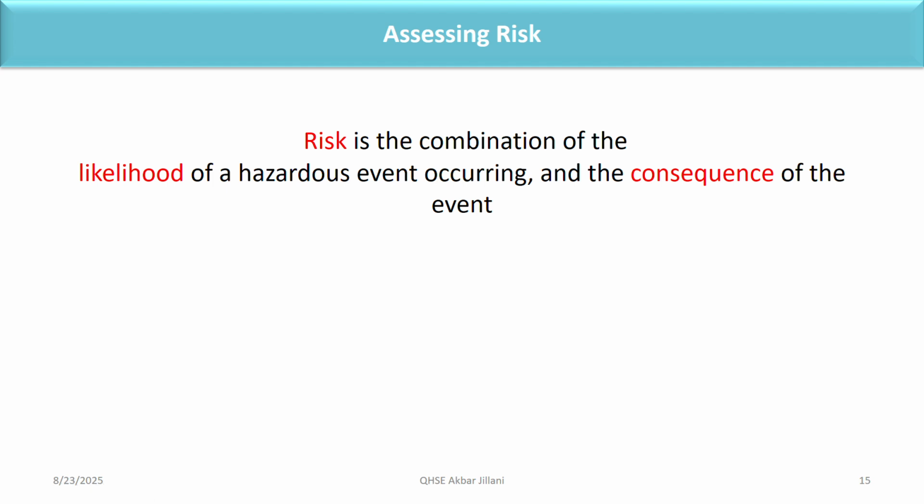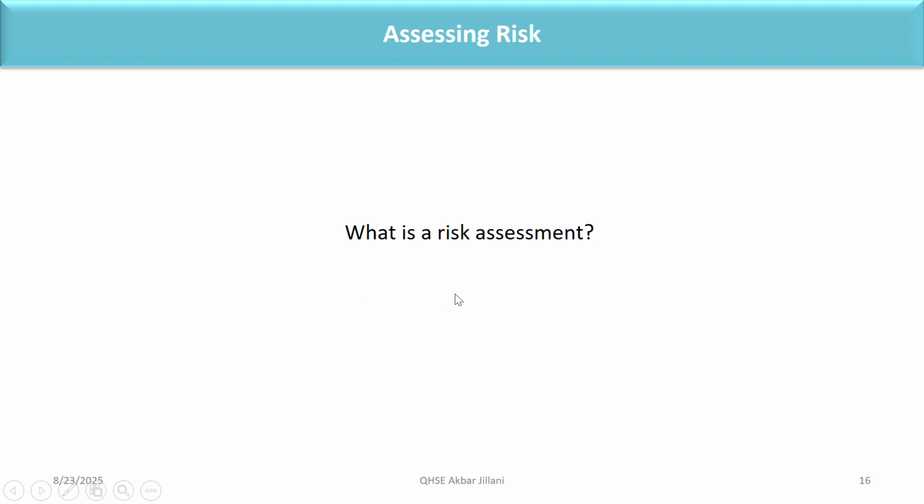When somebody asks you what is risk, risk is the combination of the likelihood that a hazardous event will occur and the consequence of the event. So it's called risk. See? Risk is equal to likelihood multiplied by consequences. What is actually a risk assessment?